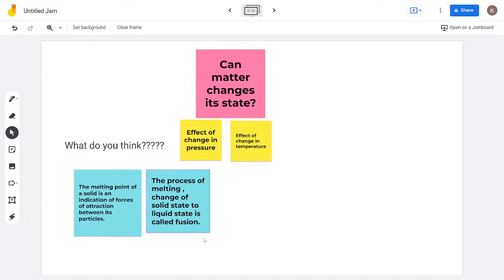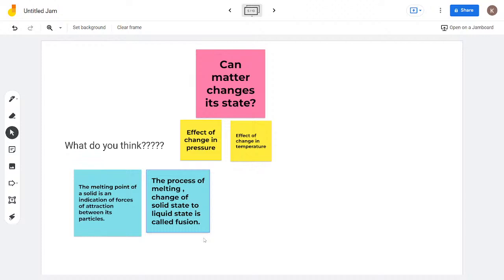Next is the effect of change of pressure. We already know that the difference in various states of matter is due to the difference in the distance between the particles from each other. If we start putting pressure on a compressed gas enclosed in a cylinder, what will happen?